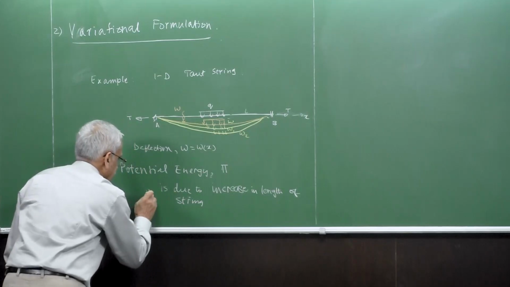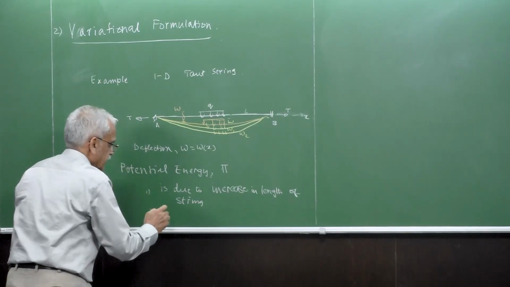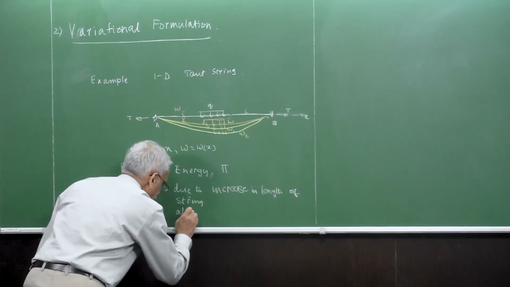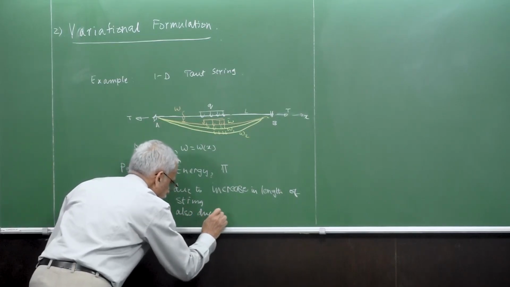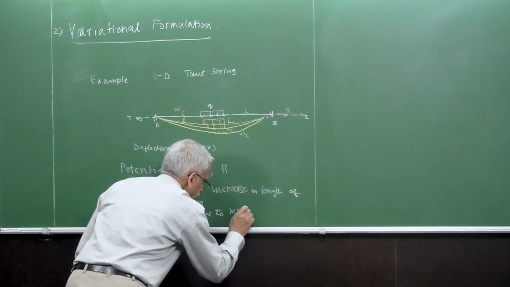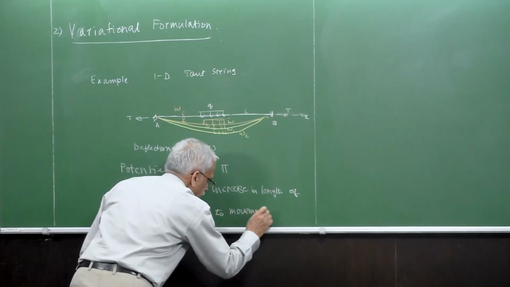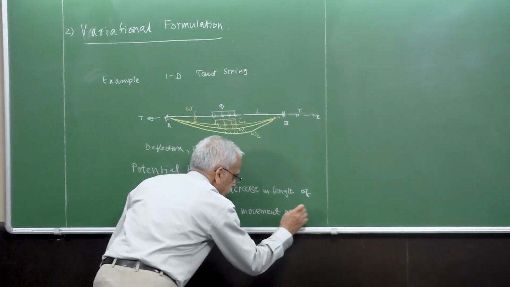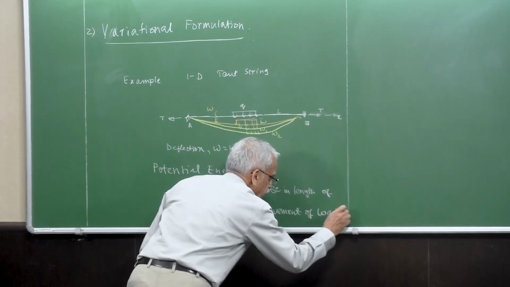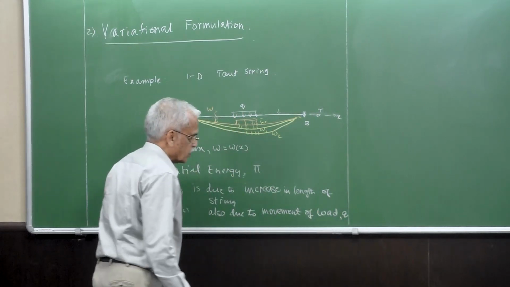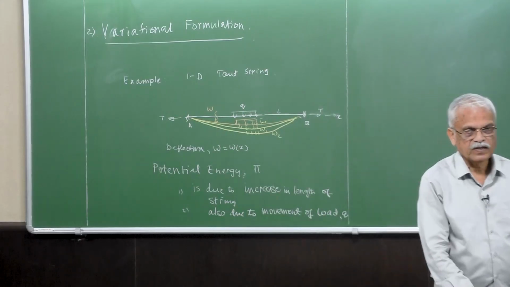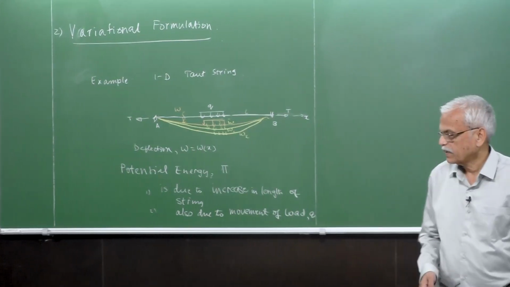And the other quantity is due to the movement of, let us say force, but let us simply write it, of load Q. So these are the two counteracting agents which will change the potential energy.